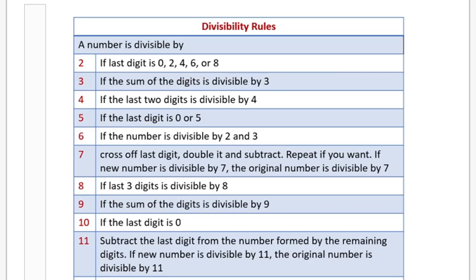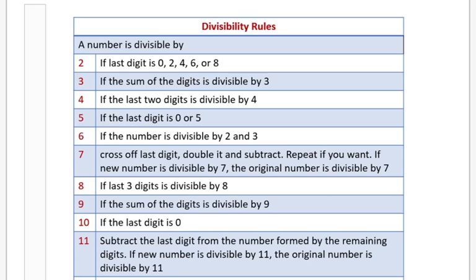It means that only the last 3 digits. For an example, 1465. Now we have to check if only the last 3 digits are completely divisible by 8. It means that your remainder will be 0 here. Okay.